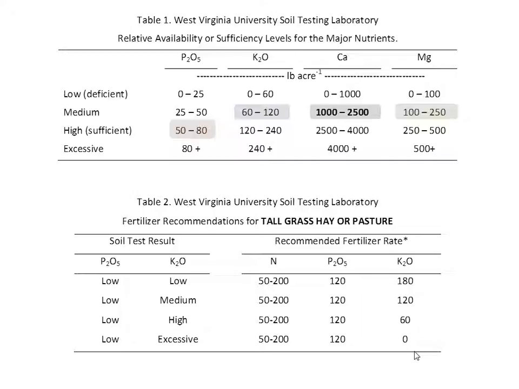So there's the top part, where that top table is how we classify a soil as being low, medium, high, or excessive. And then this bottom table is just part of a much longer table where we actually make the recommendation. We'll go through each of these in a little more detail.